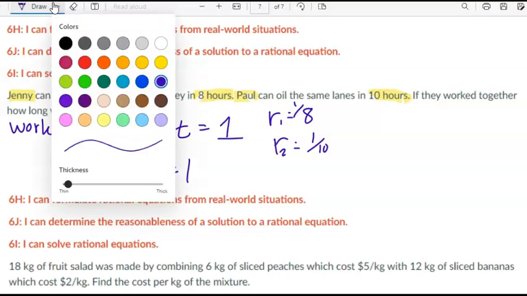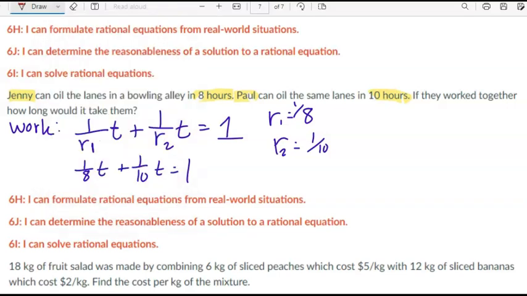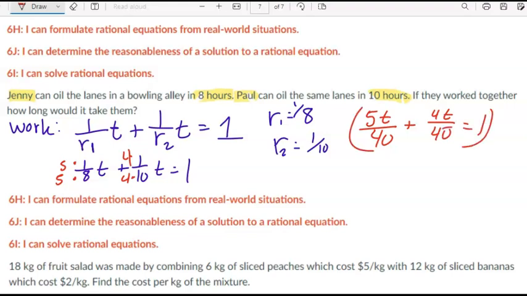We want to have the same denominator, so we want to get 40 here. 8 times 5 is 40, and then 10 times 4 is 40. So let's rewrite this. We have 5t over 40 plus 4t over 40 equals 1 whole. Let's multiply everything by 40 to get rid of the fractions.